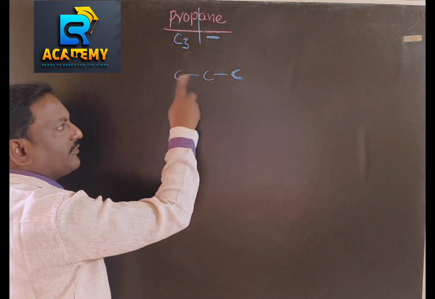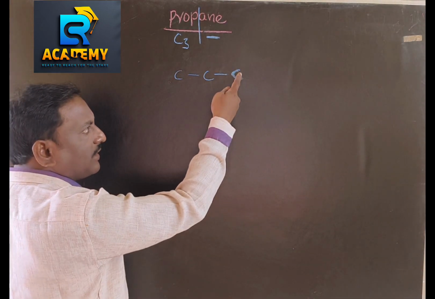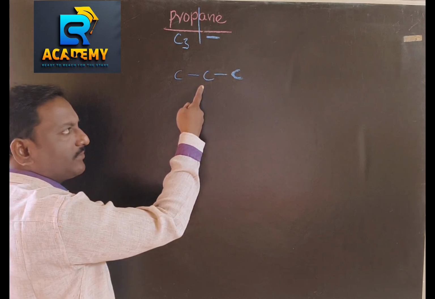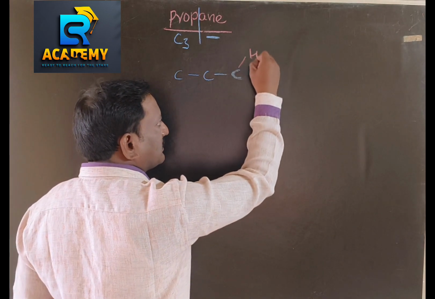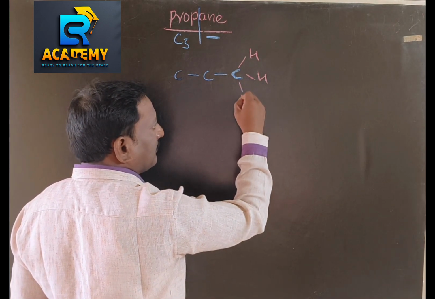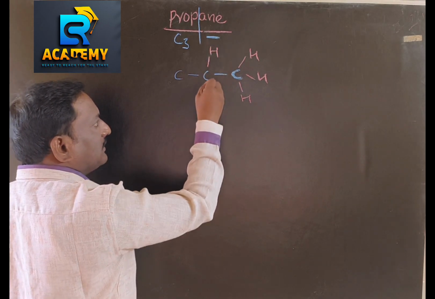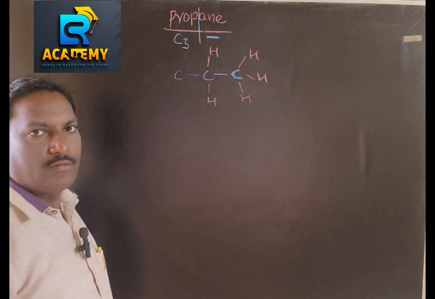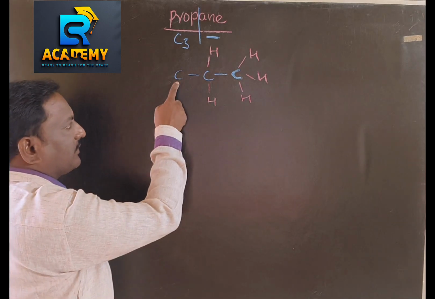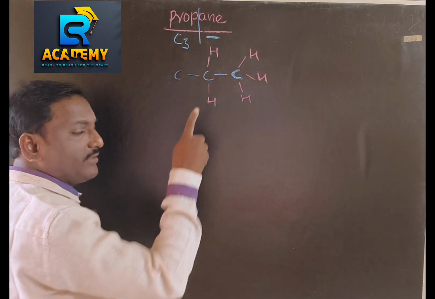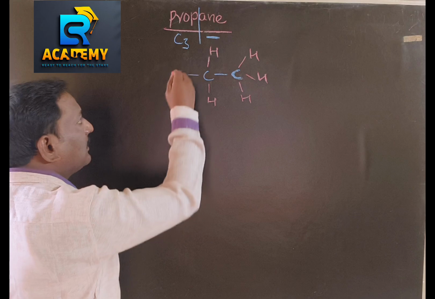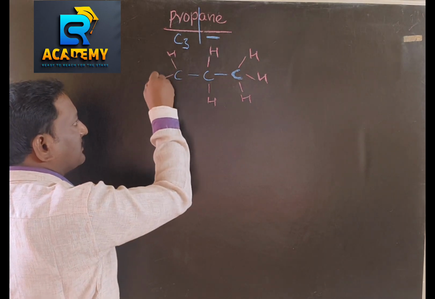Remaining valency must be filled by hydrogens. This carbon has given one bond to the neighboring carbon, remaining three bonds with hydrogens. This one has already given two bonds, remaining two bonds with hydrogens. What about this carbon atom? It also has given one bond to the neighboring carbon atom, remaining three bonds with hydrogens.